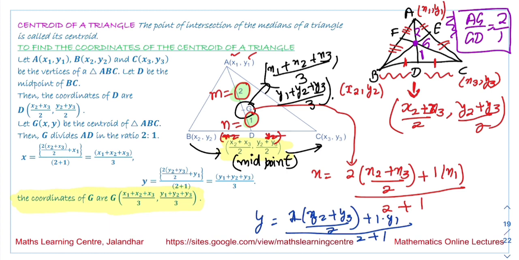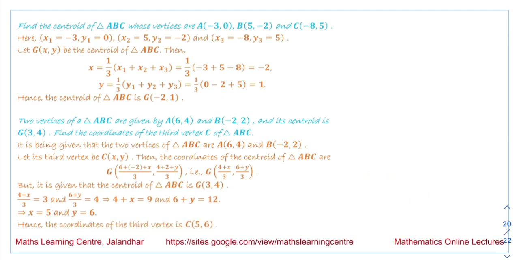Now based upon this formula, we have questions. Find the centroid of triangle ABC, whose vertices are given to us. These are x1, y1, x2, y2, and x3, y3.